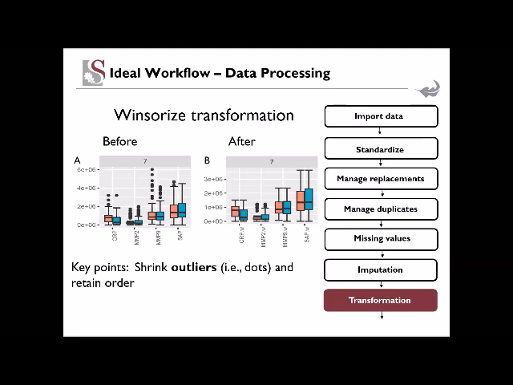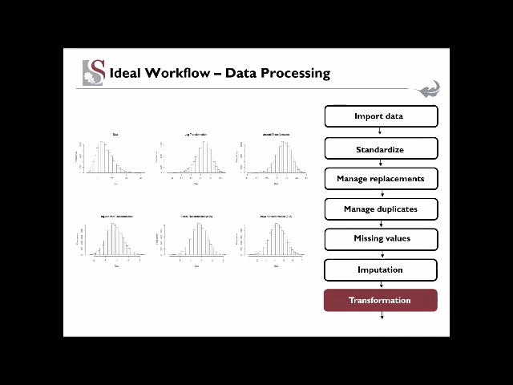A modification of Winsorized transformation is then used to shrink the outliers towards the center while retaining the order, as opposed to traditional Winsorized transformation that replaces the outliers with a single value at a truncation mean determined by trimmed mean and standard deviation.